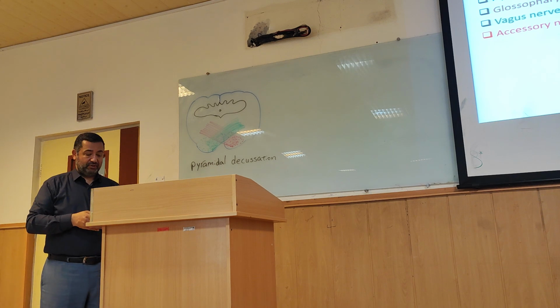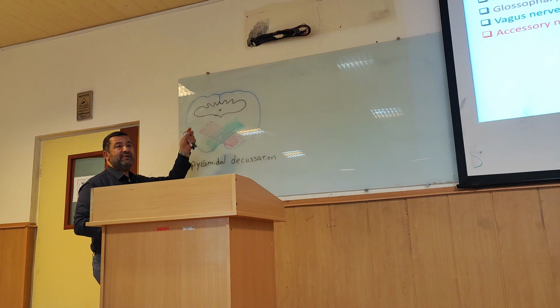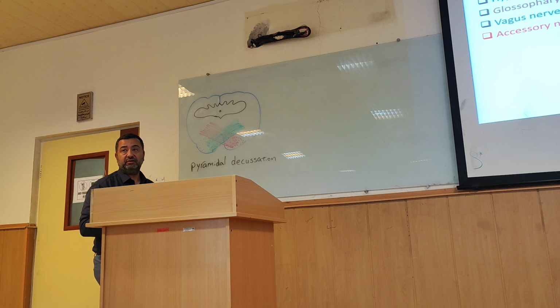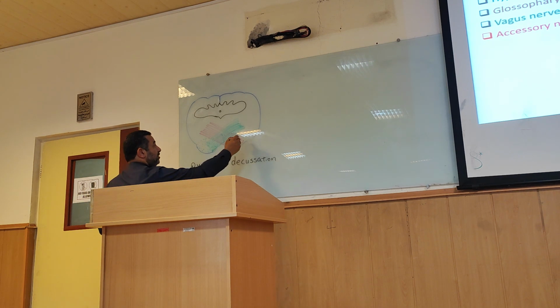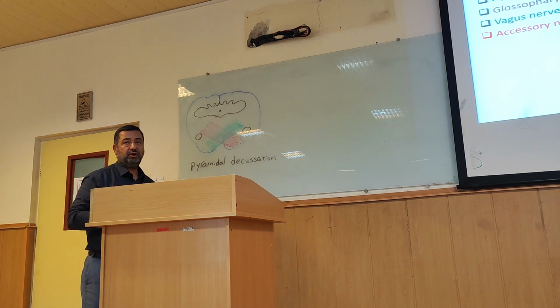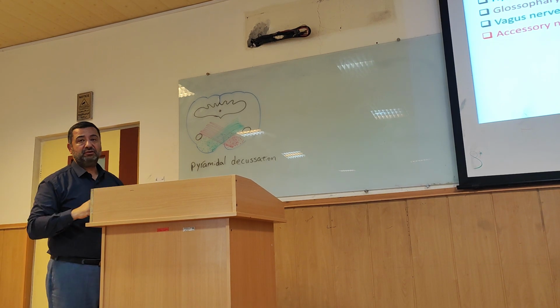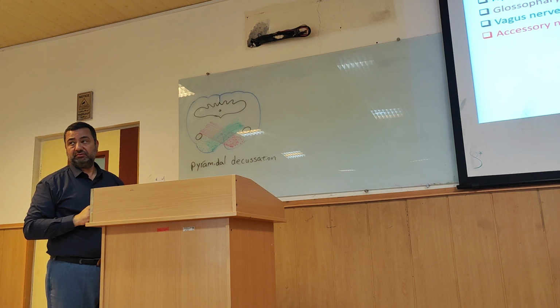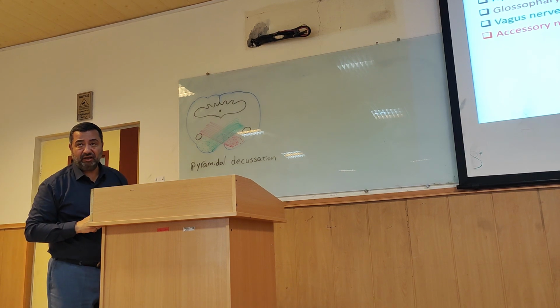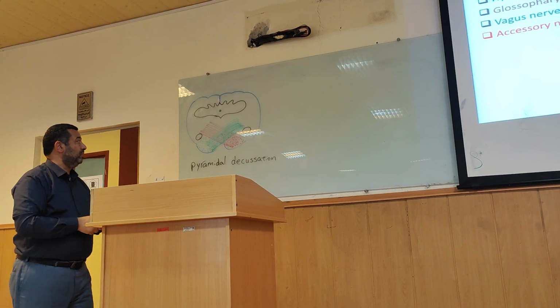And in this section, the gray matter of the medulla oblongata, which is similar to the gray matter of the spinal cord, divides into two parts: posterior large part and anterior small part. This section is at the level of pyramidal decussation in the inferior part of the medulla oblongata.